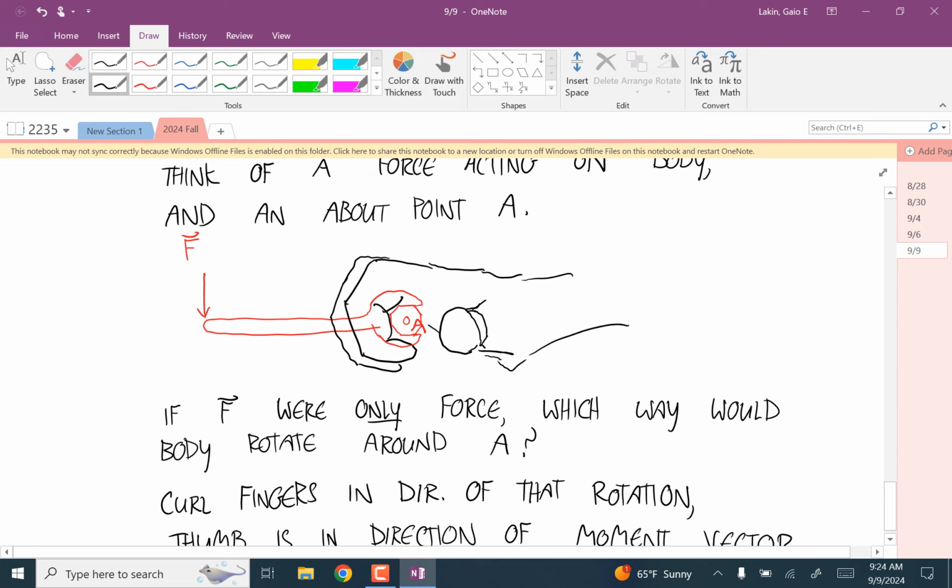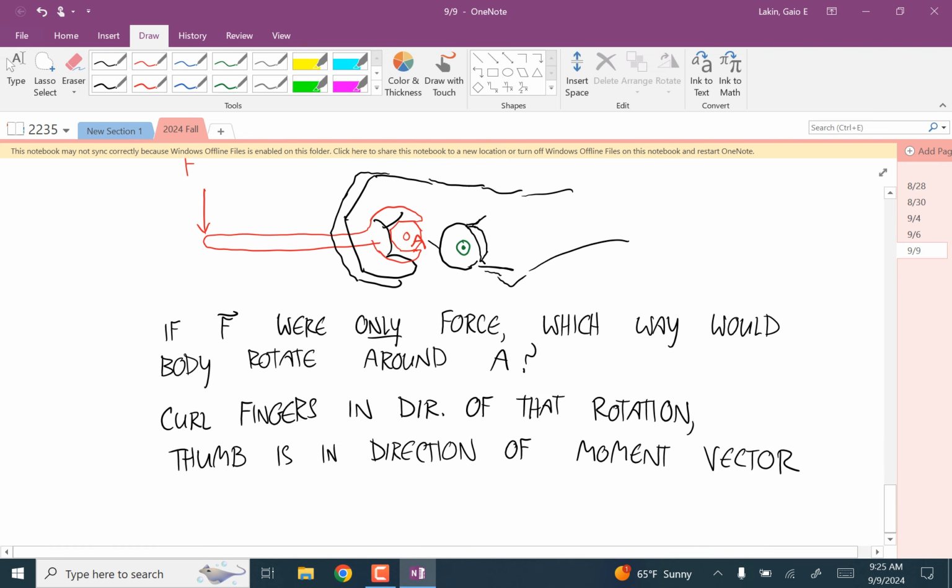The fingers are curling around in the direction of the rotation, and the thumb is coming out of the page towards us. So the moment vector would actually be, if the coordinate system was x to the right, y up, z coming out, just a positive z moment. Let's see how that works in a calculation.